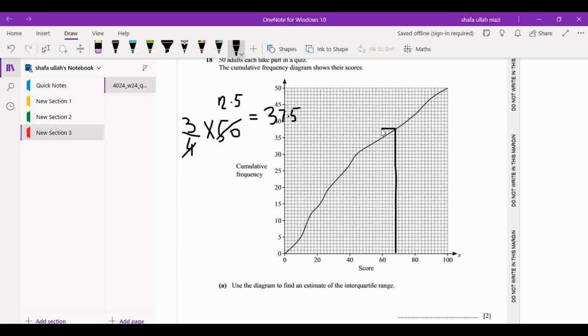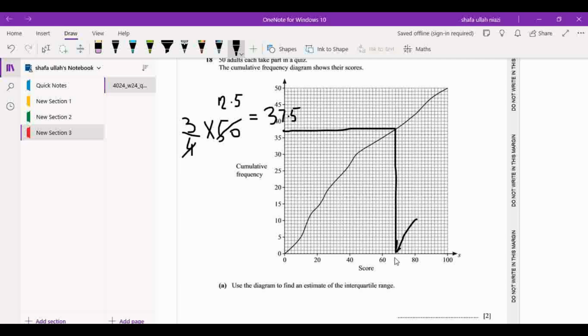This point is the upper quartile, and the scale goes 60, 62, 64, 66, 68, 70.